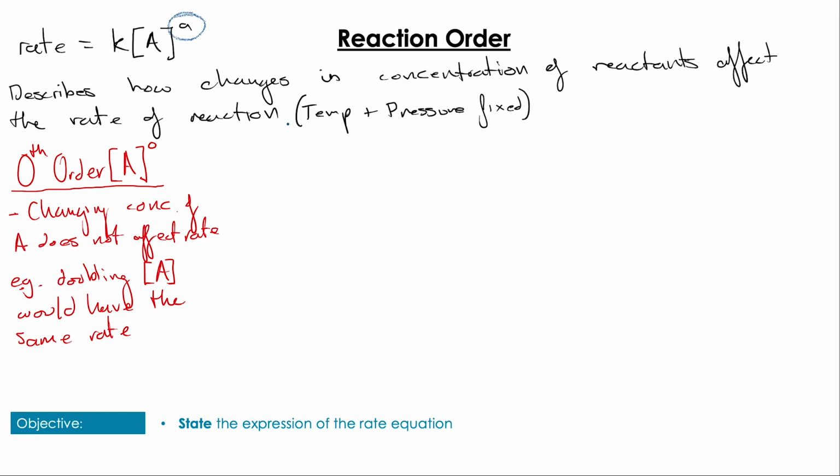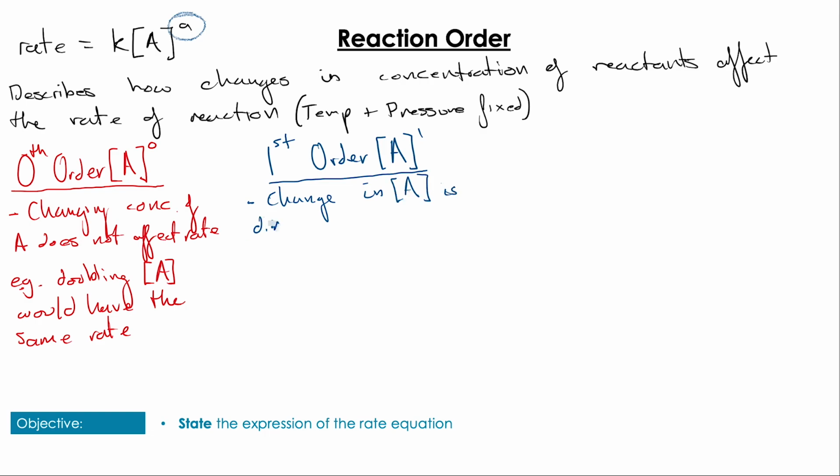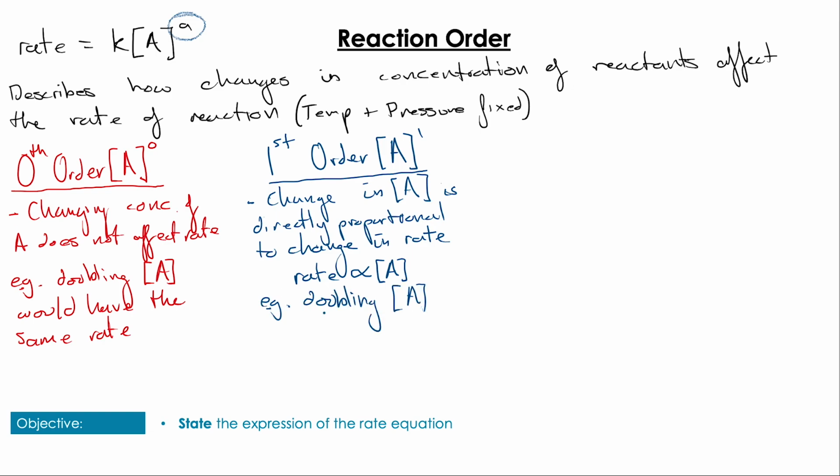For example, if we double the concentration of A to the power 0, then we have the same rate that we started with. When we look at reactants that are 1st order, that's A to the power 1, will result in changes of rate of reaction that are directly proportional to the changes in concentration. E.g., if we double the concentration of A, then we're going to double the rate of reaction.